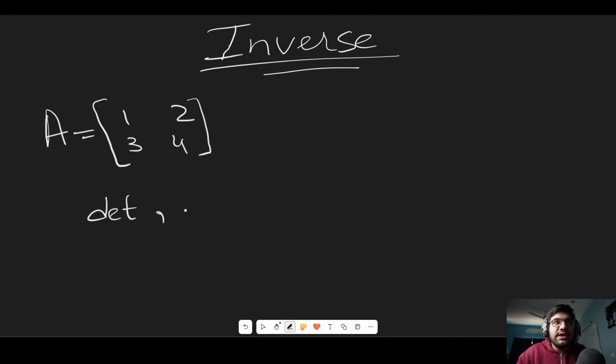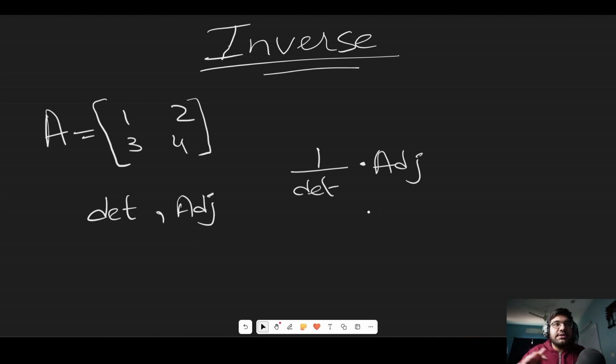Then we would take the adjoint of the matrix A. Basically, the formula is 1 over determinant multiplied by the adjoint of that matrix. So let's take the determinant and then we would take the adjoint as well.